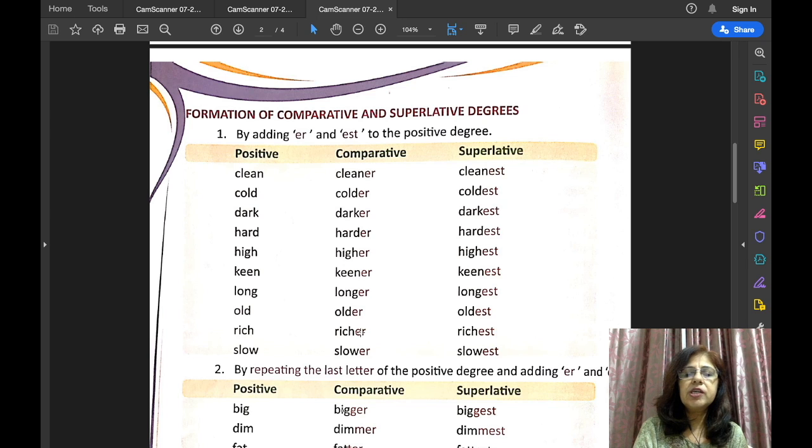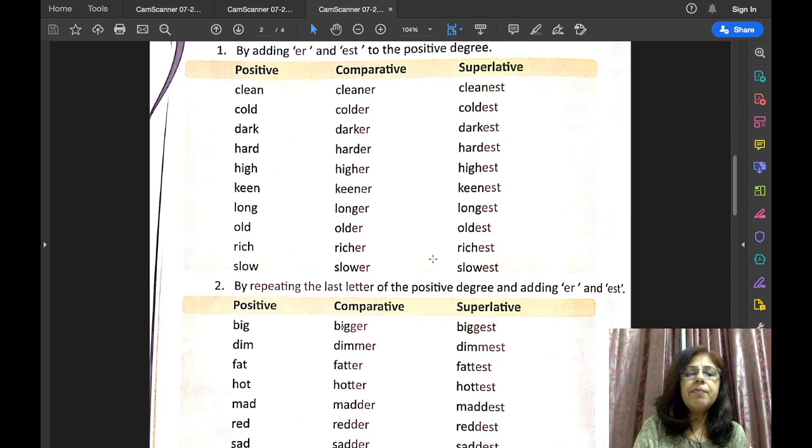Rich, richer, richest. Slow, slower, slowest. So, by adding ER, we make comparative degree, and by adding EST, we make superlative degree.